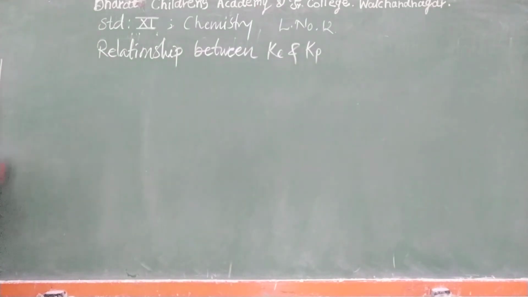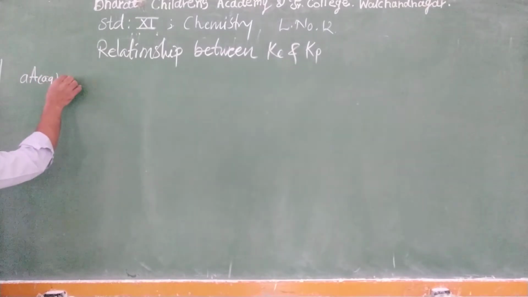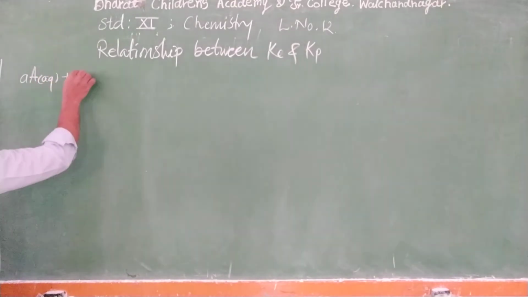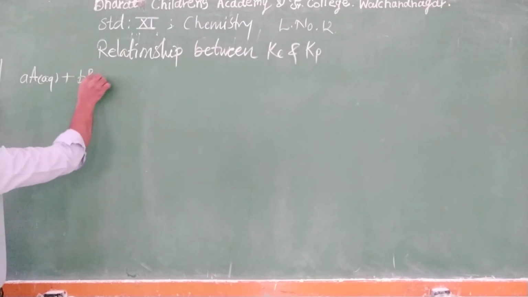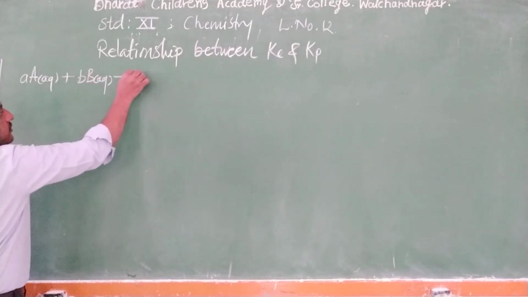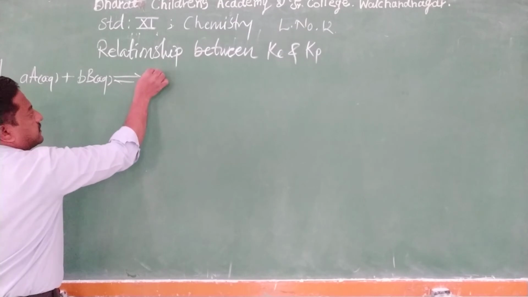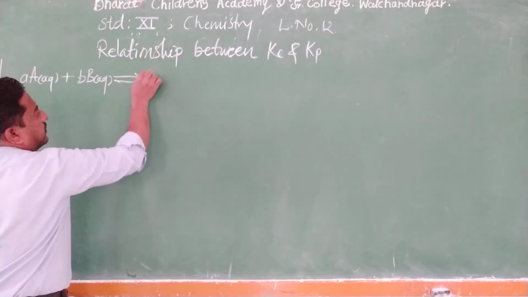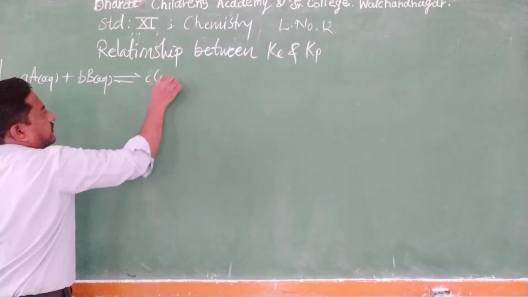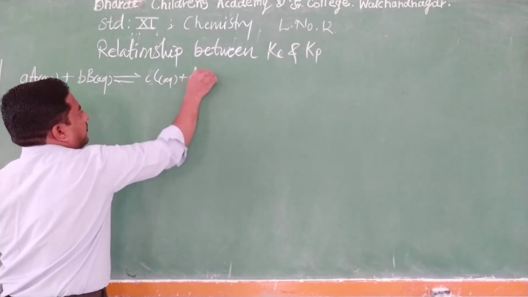The equation was aA aqueous plus bB aqueous gives at equilibrium cC aqueous plus dD aqueous, right?